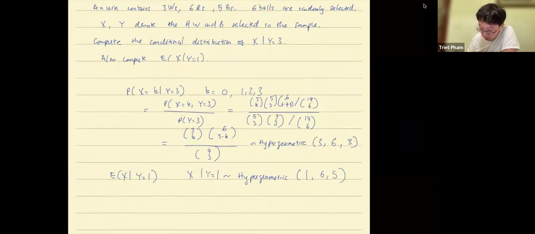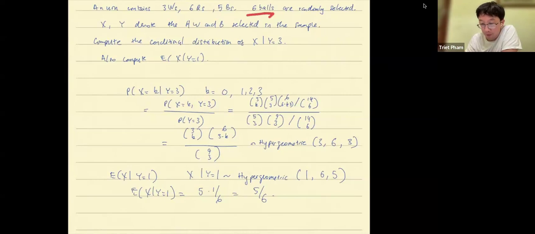Is that okay? So therefore, the expectation of X given Y equals 1 will be 5 times 1 over 6, which is 5 over 6. Which makes sense. In a sample of 6 balls, if you have 1 black, you expect 5 of 6 to be whites.